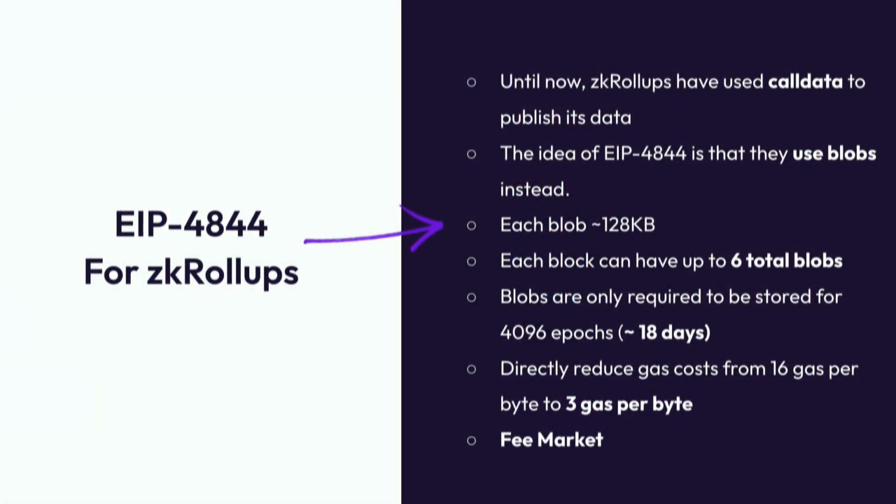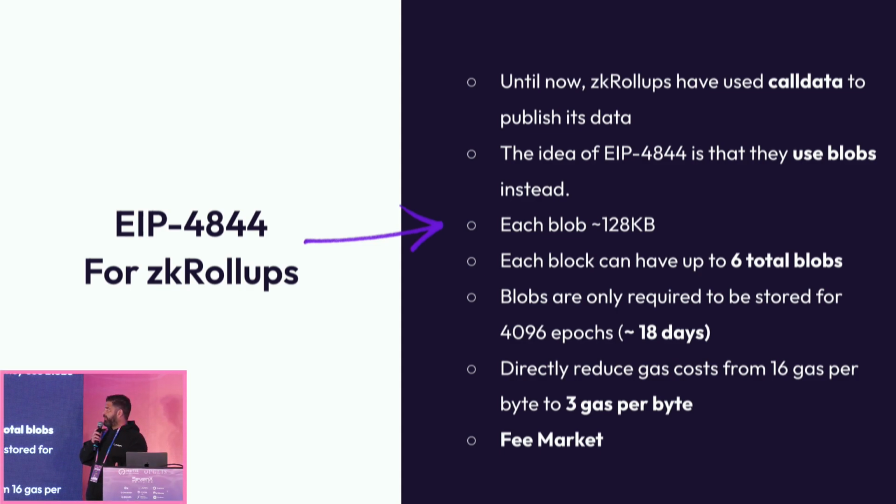So let's start by talking about some key points about 4844. The first thing to know is that right now, currently, Scroll rollups are using calldata to publish transaction data or state diffs. And now we are going to switch to a new paradigm in which we start using blobs for publishing this data.